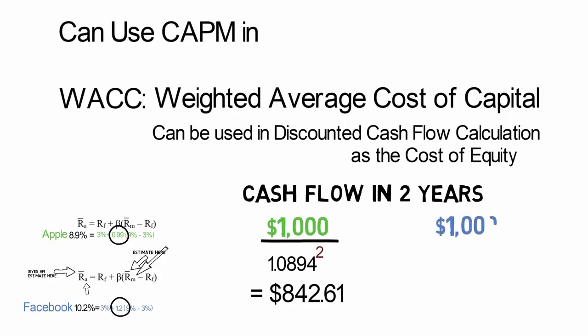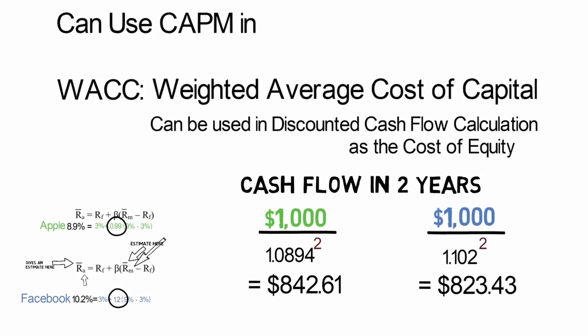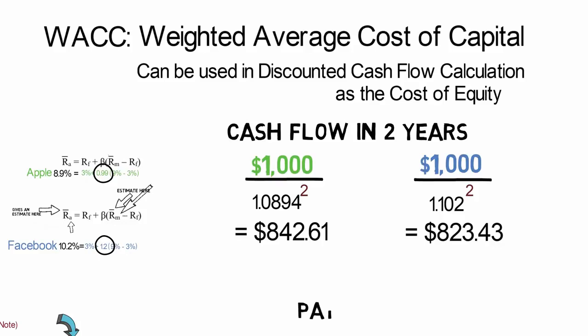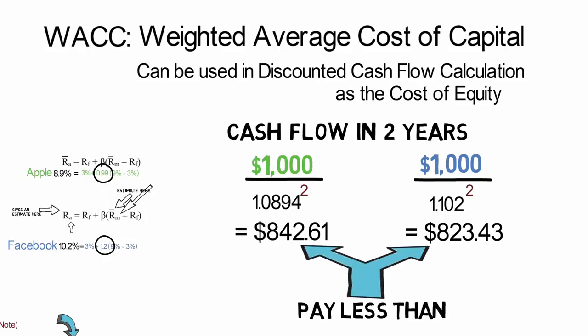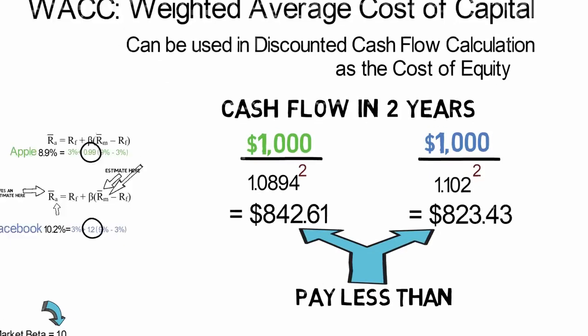For Facebook, if we were also expecting $1,000 in 2 years, that would be worth $823.43 today. So in theory, that's the present value of your future cash flow expectations. So what you want to do is pay less than that today. And if your expectations are correct, well, the bigger the gap between what you pay today and your calculated present value, the bigger your returns will be.